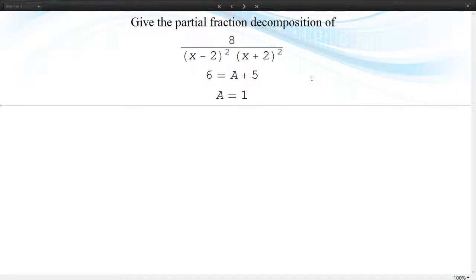That is, we have to have an x minus 2 and an x minus 2 squared, and we have to have an x plus 2 and an x plus 2 squared.